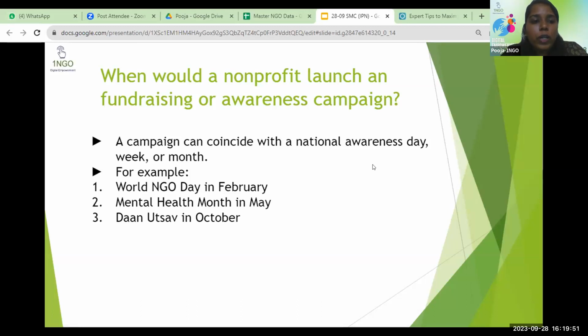So World NGO Day is where we can give awareness about how NGOs are performing and how you can celebrate it. Being an NGO, you can use the hashtag World NGO Day and spread the word.